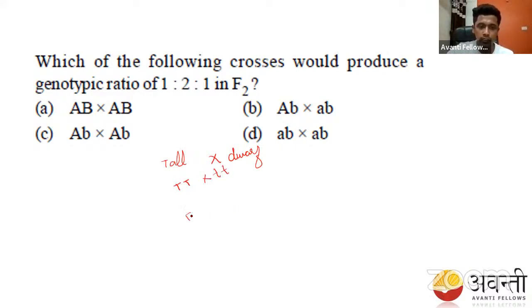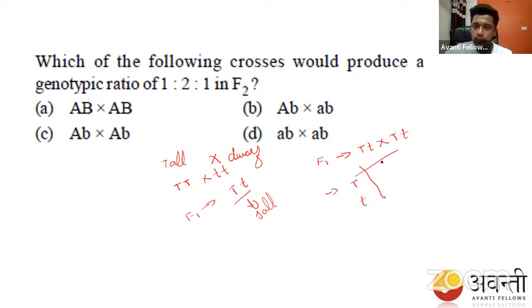In the F1 generation, we had one capital T and one small t, so the phenotype was tall. Now they're asking about the 1:2:1 ratio. So when we self-cross the F1 generation, we cross capital T, small t with capital T, small t.